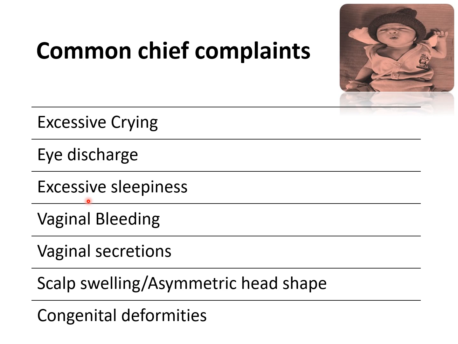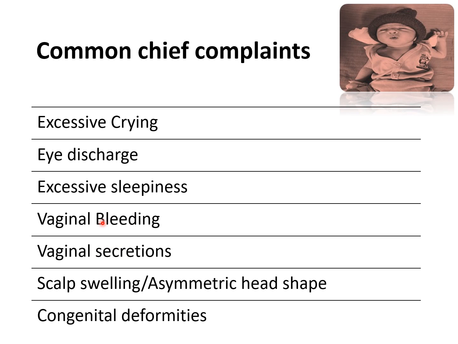Excessive sleepiness is again a common complaint by the parents. So we have to explain to them that newborn babies normally sleep for 18 hours, and hardly wake for 6 hours, only for feeds after every 2 hours and whenever they pass urine and stool. Vaginal bleeding and secretions are common in female newborn babies because of maternal hormones in the first week of life.